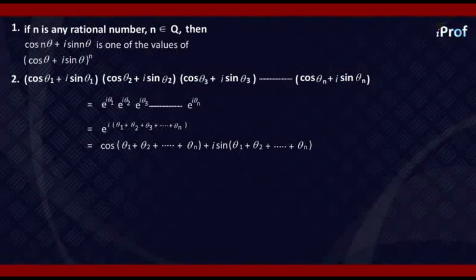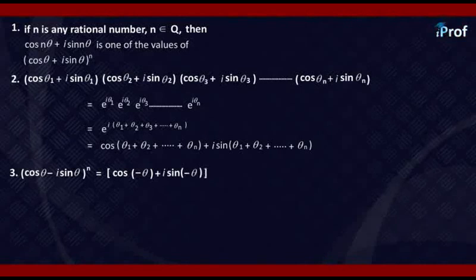Third, if we have (cos theta - i sine theta)^n, we have to bring it into De Moivre's form. That is, cos theta will be replaced by cos of minus theta, and minus sine theta will be replaced by sine of minus theta. So it becomes (cos of minus theta + i sine of minus theta)^n.